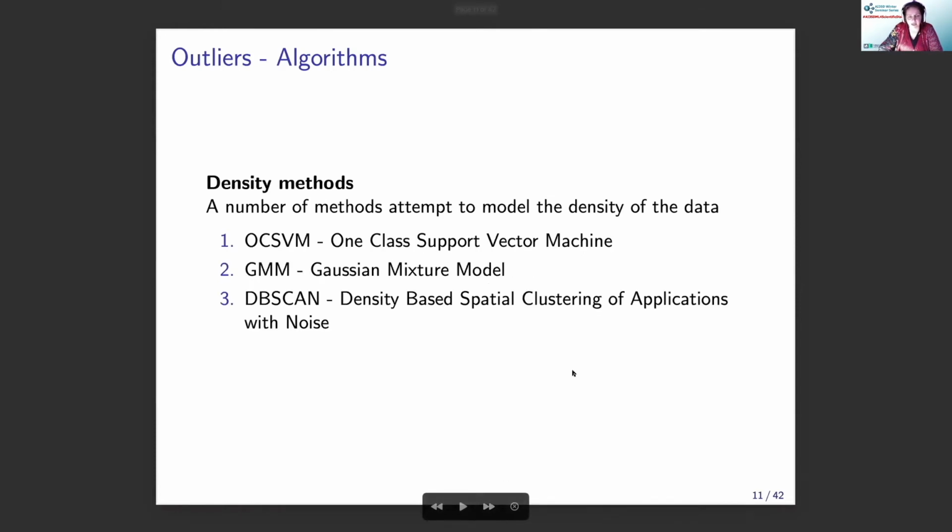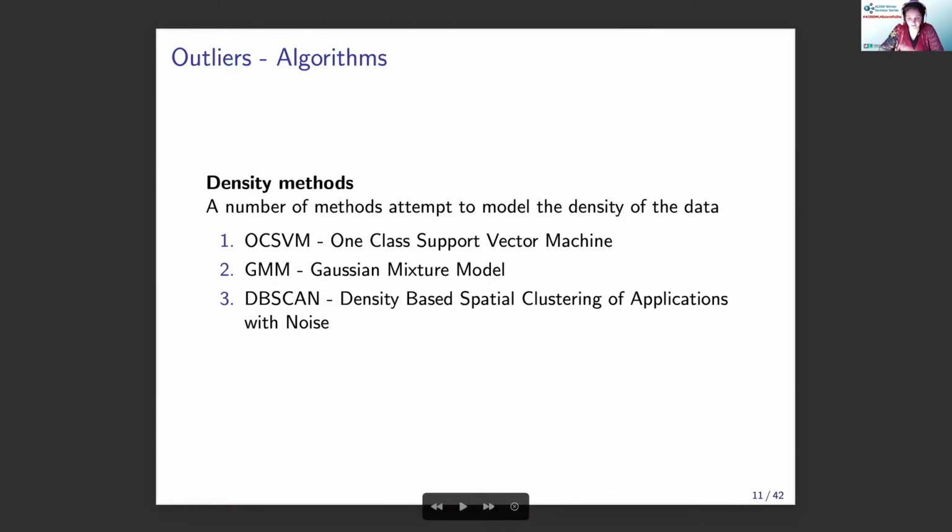Okay, now there are masses of different types of algorithms, so I'm going to put them into different families. The second family of algorithms after regression is the density methods. Now a number of methods are used and these model the density of the data. The first and most common and widely used one is a one-class support vector machine.